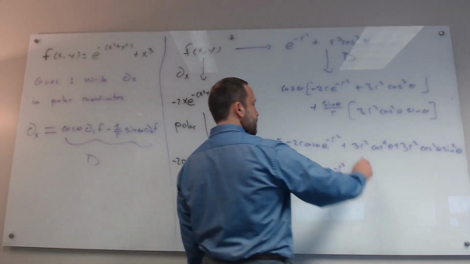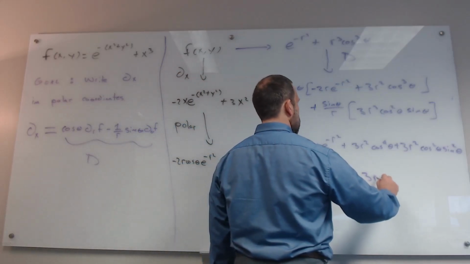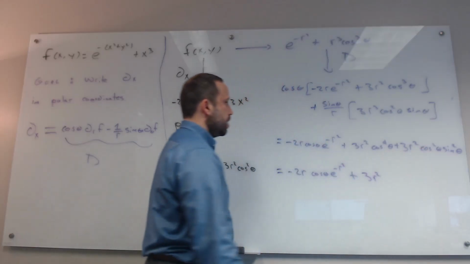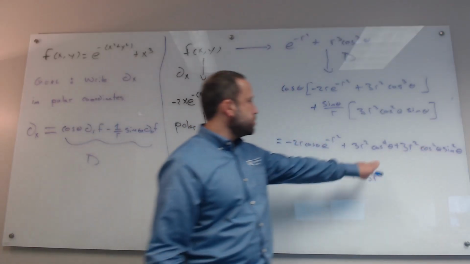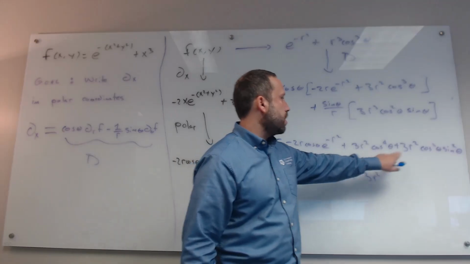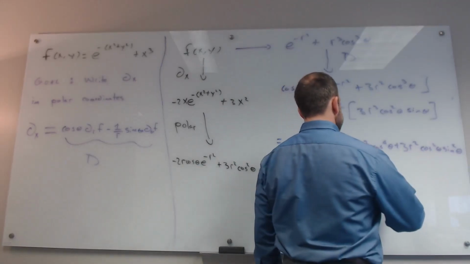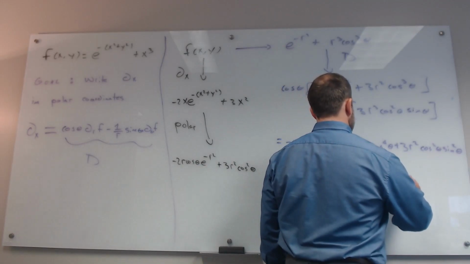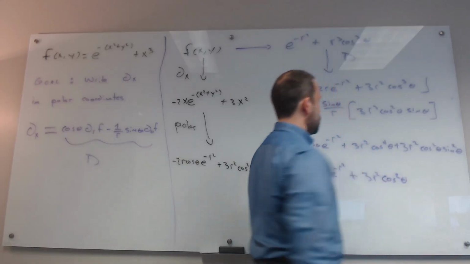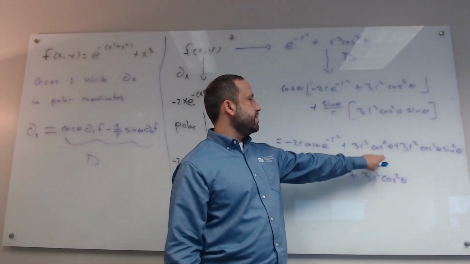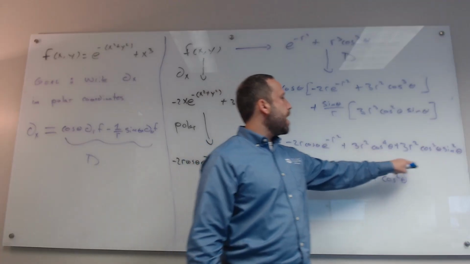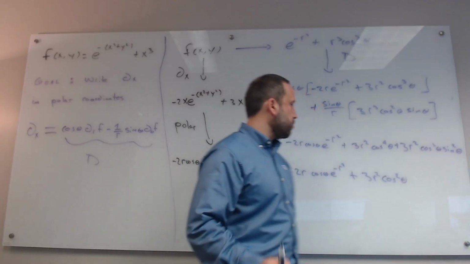Well, notice there's a 3r squared in both terms. What else is there in both terms? There's a cosine squared in both terms. So this is going to be 3r squared cosine squared theta. And then what do we have left over from this term? It's a cosine squared, and from this term is a sine squared. Cosine squared plus sine squared is 1.